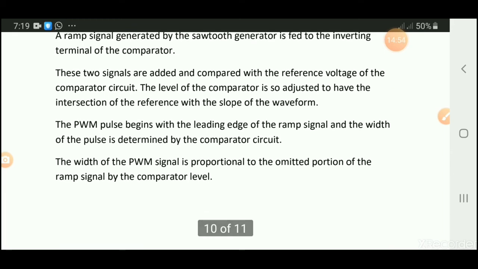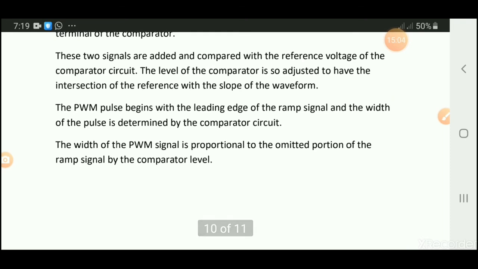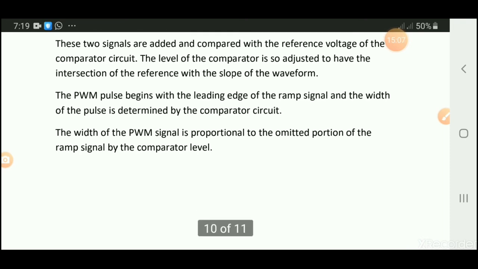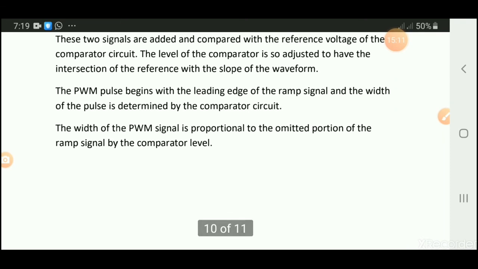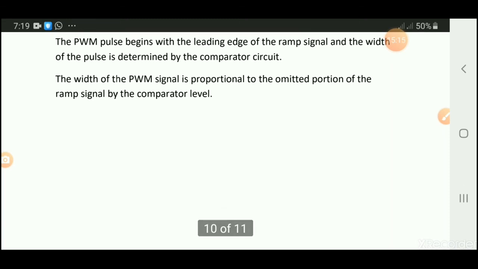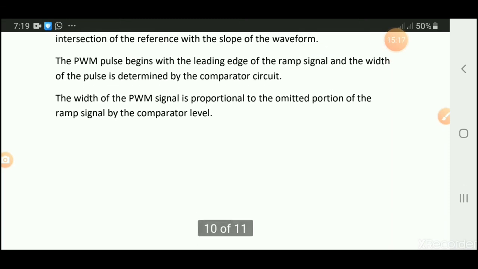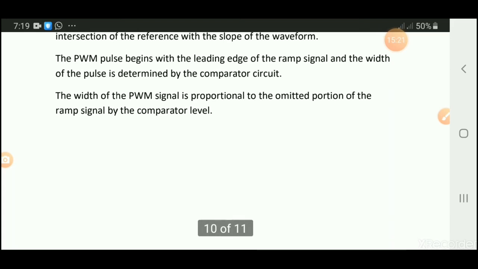These two signals are added and compared with the reference voltage of the comparator circuit. The level of the comparator is adjusted to have the intersection of the reference with the slope of the waveform. The PWM begins with the leading edge of the ramp signal, and the width of the pulses is determined by the comparator circuit. The width of the PWM signal is proportional to the omitted portion of the ramp signal by the comparator level.